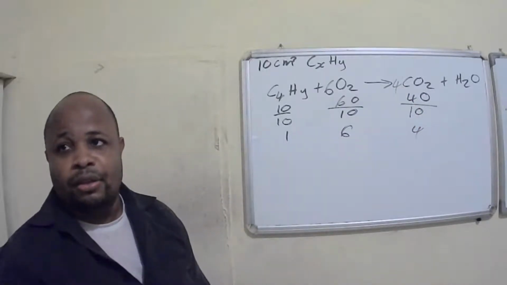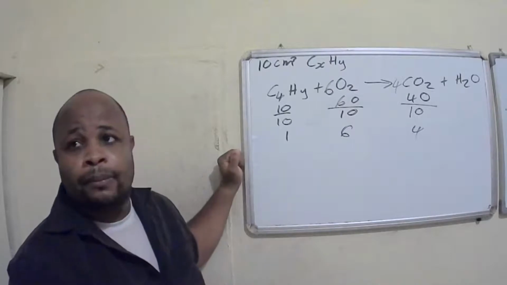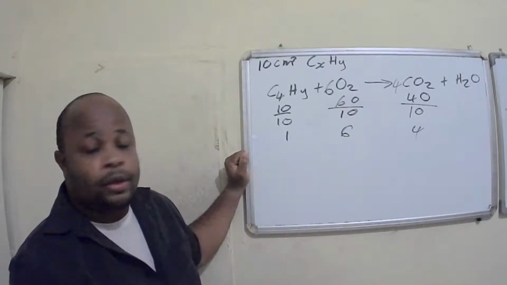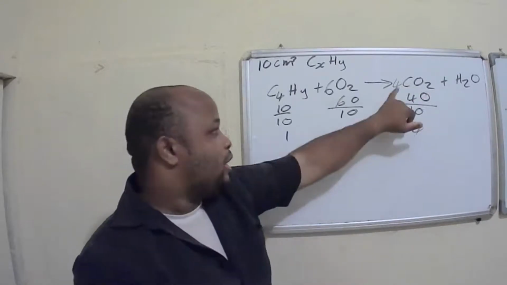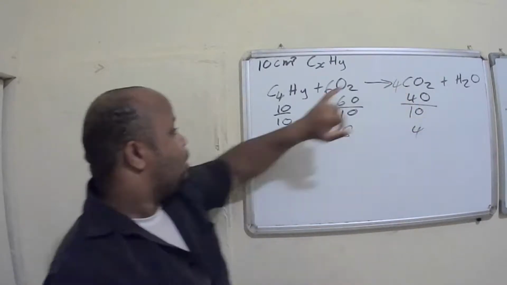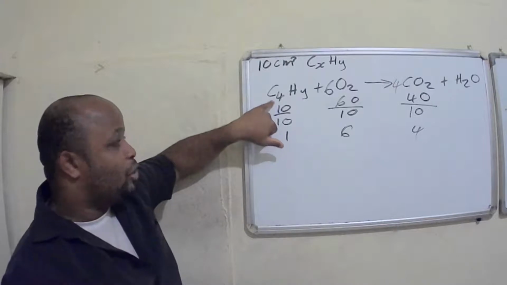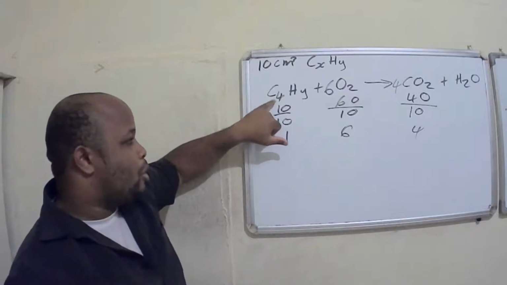So if 4 moles of CO2 has 4 carbon atoms, therefore the hydrocarbon must have 4 carbons.